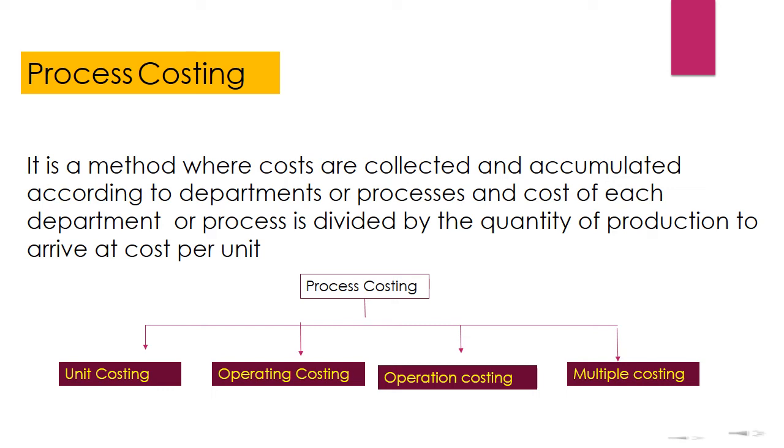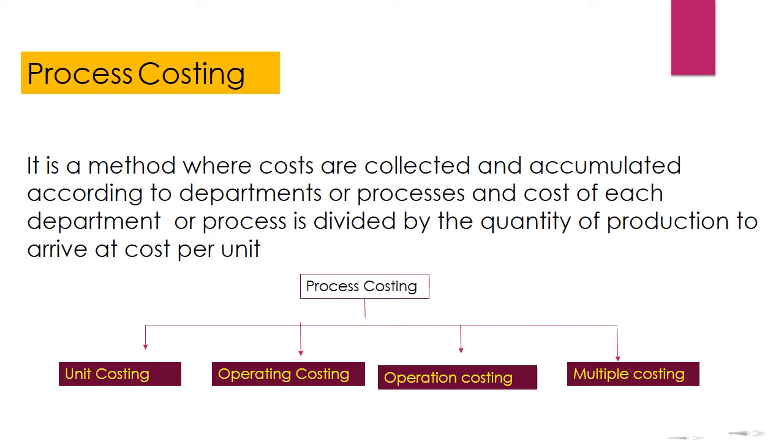Next is the multiple costing. This involves the application of more than one method of costing in respect of the same product. For example, process costing may be applied up to certain stage and then job costing may be used.